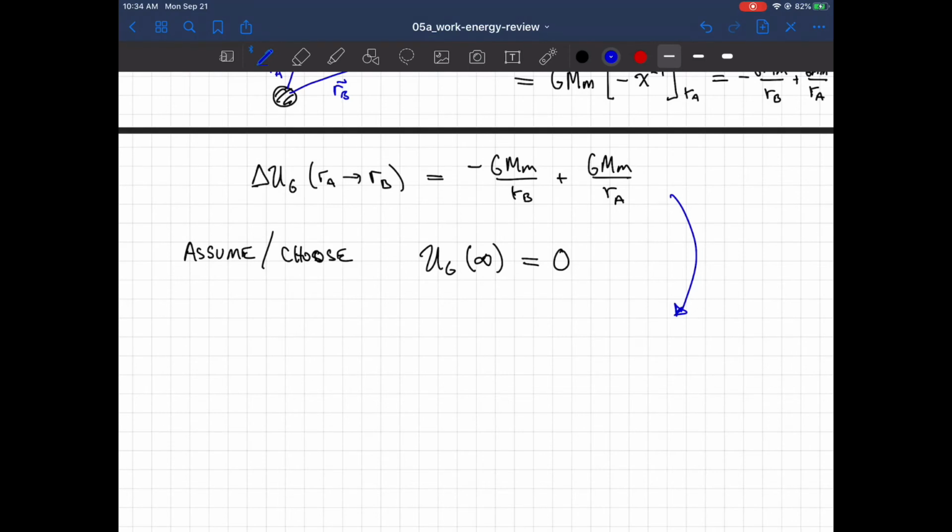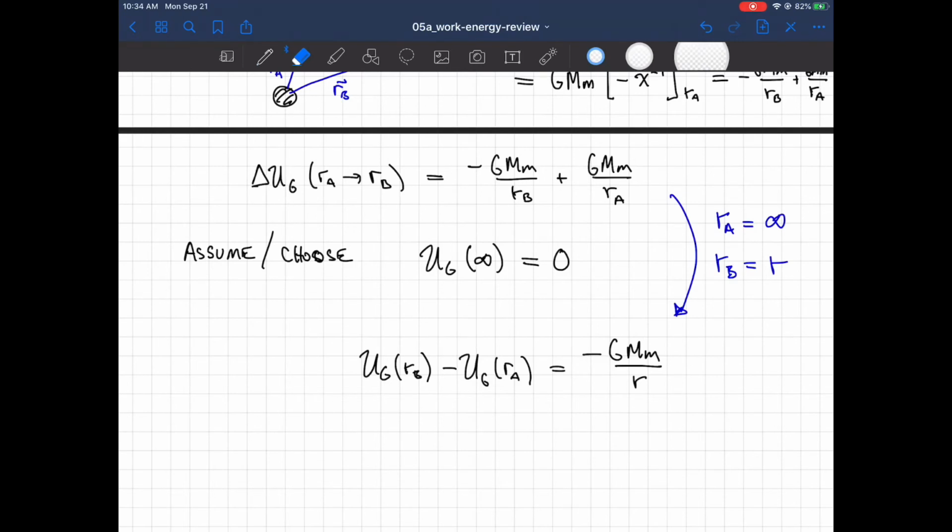So let's make the choice that the initial value is equal to infinity, and the final value is equal to some value r. So what do we get then? We have UG of final, minus UG of initial, is equal to minus GMM over R final, plus GMM over initial, which is infinity.